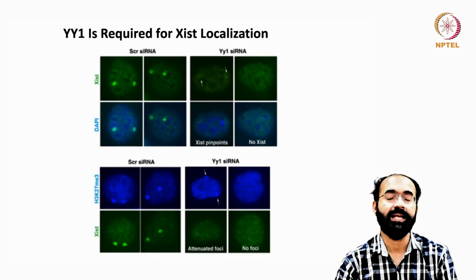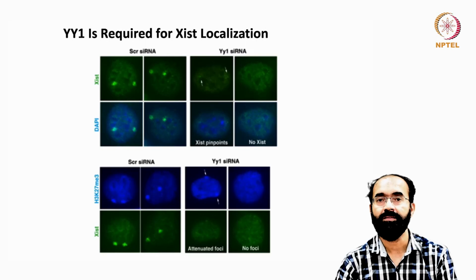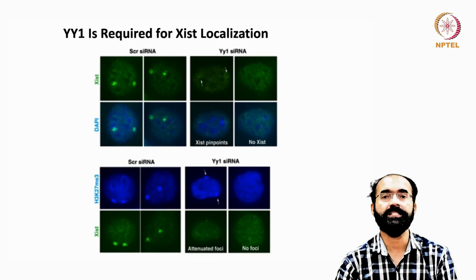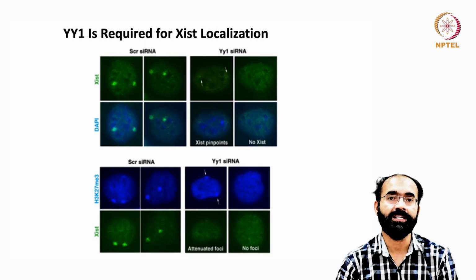So what indicates Xist RNA to go to the center, you need to have the YY1. We will go through this importance of YY1 in localizing the Xist onto the X inactivation center more in detail in the coming classes. Thank you.